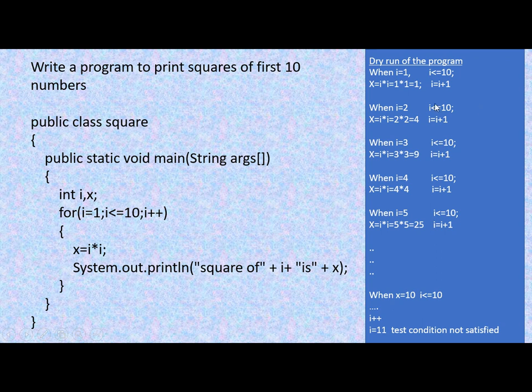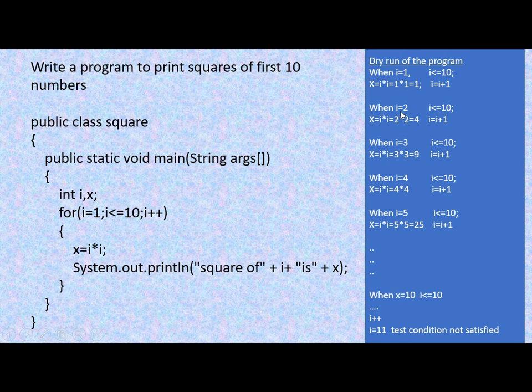So what will be executed? When I equals 1, then x value will be I into I, that is equal to 1 into 1. So after this is done, the next step will be to increment the value of I by 1, because here we have provided I plus plus. So this means I equals I plus 1. So now the value of I will be 2.